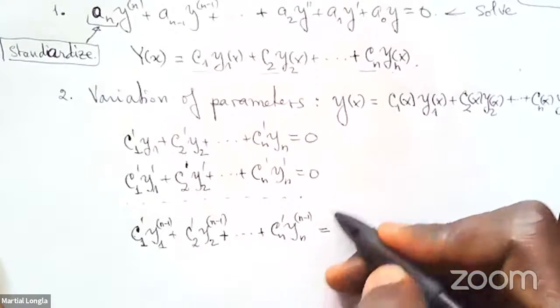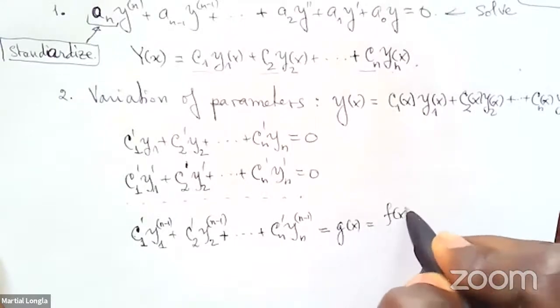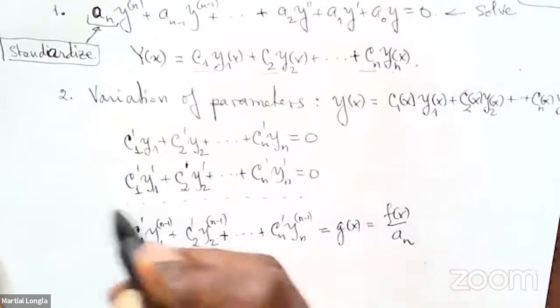And this is going to be equal to that right-hand side, which is the original right-hand side divided by an.